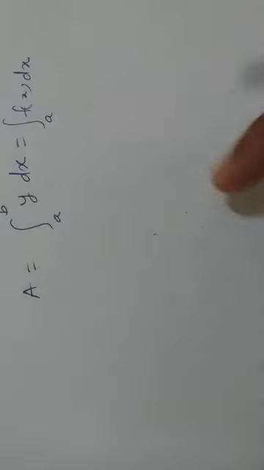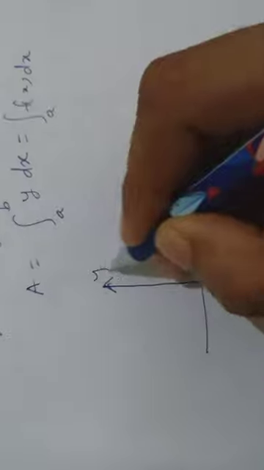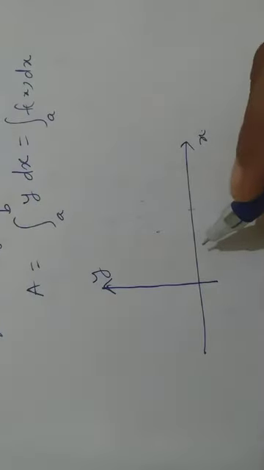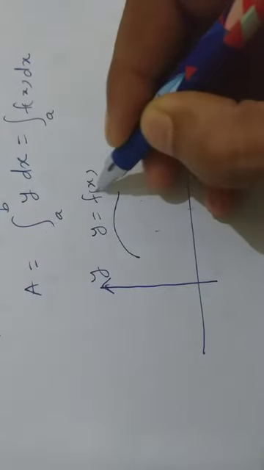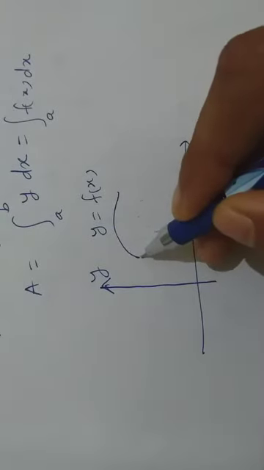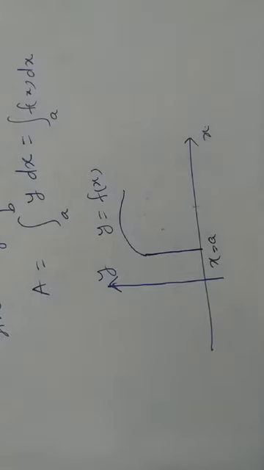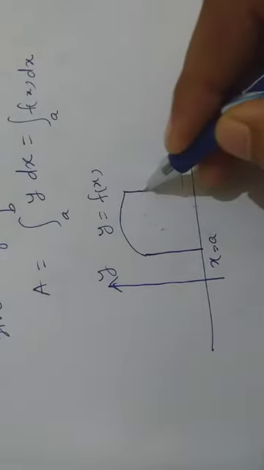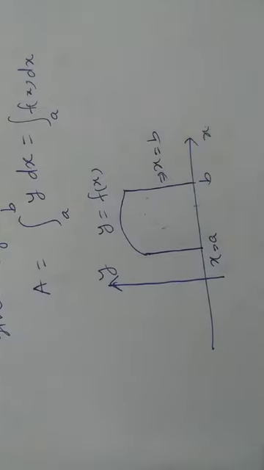From the figure, dear students, we can understand what the case is. This is the x-axis and this is the y-axis. This is the simple curve y equal to f(x), and this is the line x equal to a, and this is the line x equal to b.